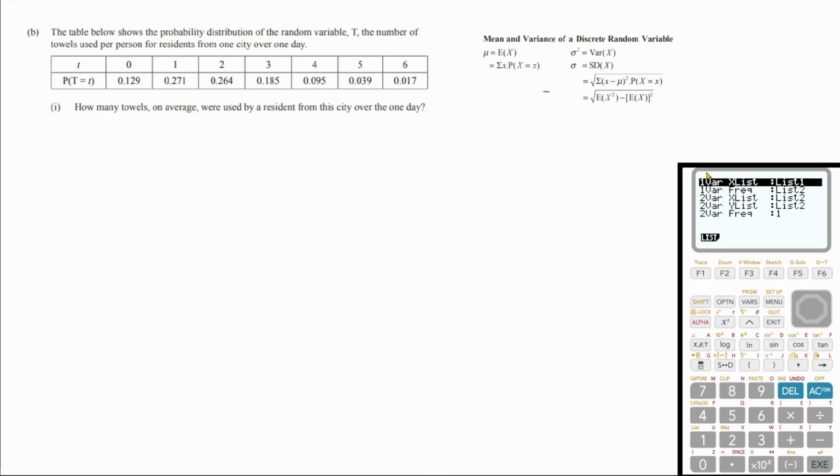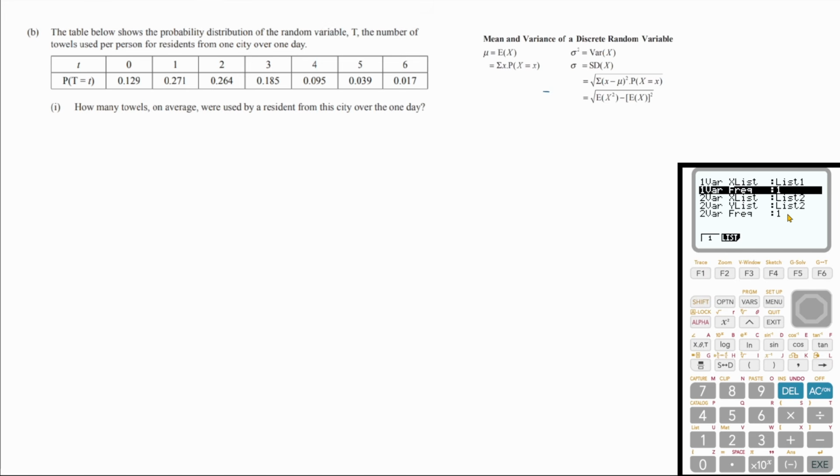What we care about is one variable, the first variable. That's our random variable, our first column, and we say here that the first variable is at list 1. And the second variable is the frequency, that's the probabilities. You have to make sure you set this to list 2.